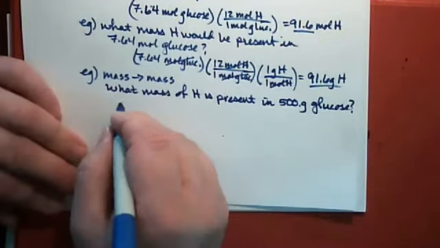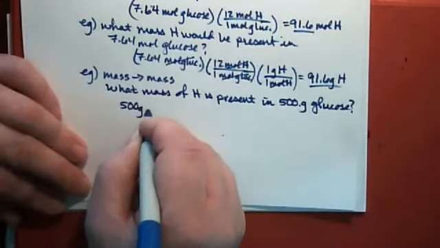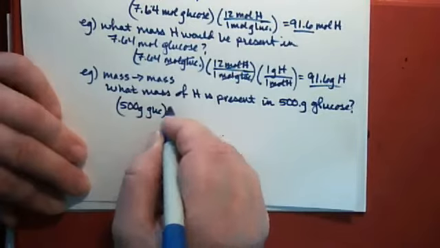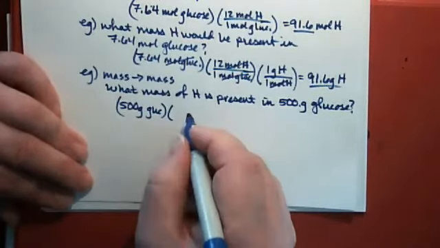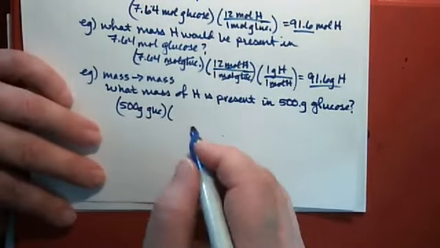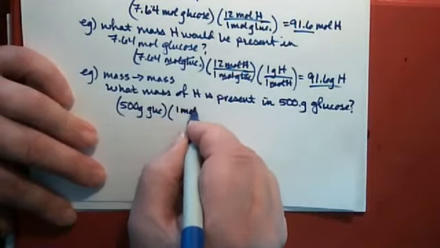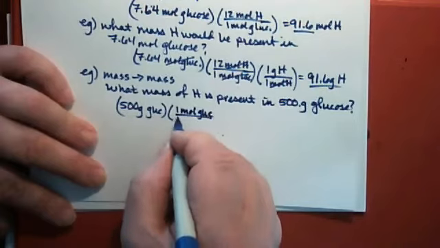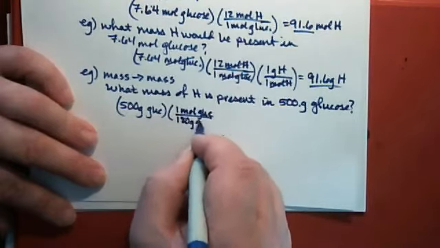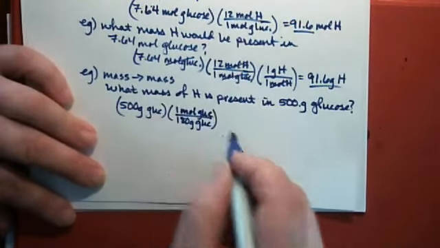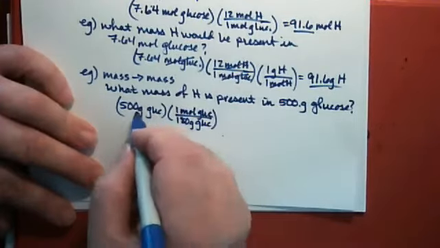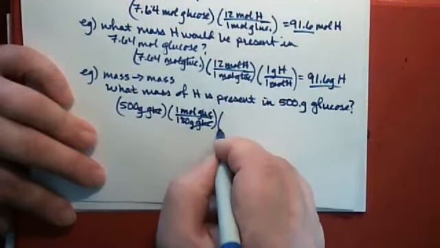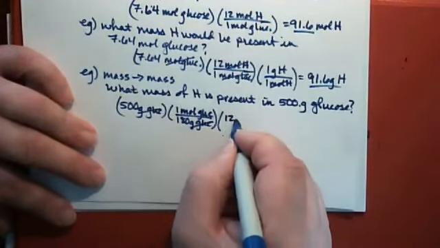Okay, so we get 500 grams of glucose. We can change to moles of glucose. Okay, so there's 1 mole of glucose for every 180 grams. This would give us the number of moles of glucose. But we don't want that.